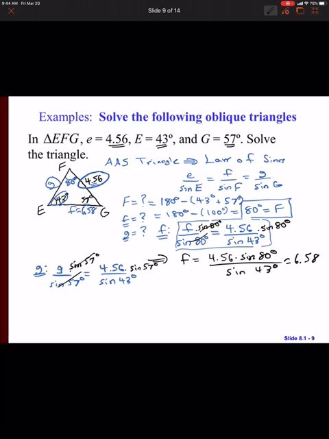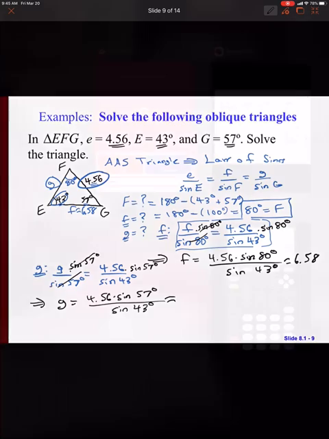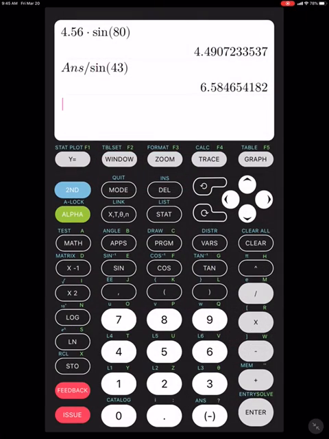And as we do that, what do we get? G equal to 4.56 times the sine of 57 degrees divided by the sine of 43 degrees. And what does that equal? We'll go to our calculator and type that in, to the nearest hundredth. Let's put that in our TI.